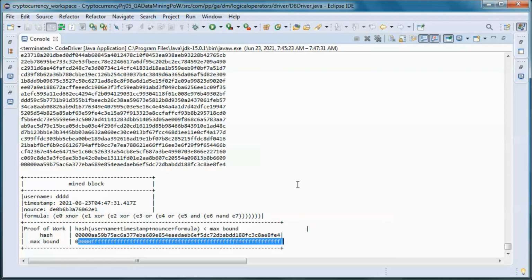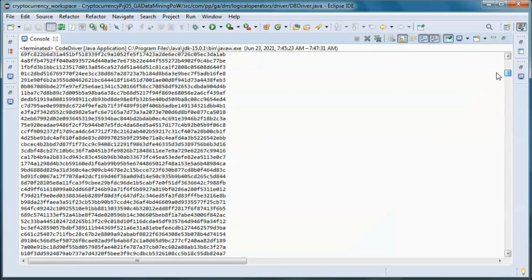So the idea of this prototype is to experiment with trying to solve problems with part of the energy spent. Specifically here we are doing data mining in order to find a formula that uses logical operators, so we spend part of the energy in finding this formula here.